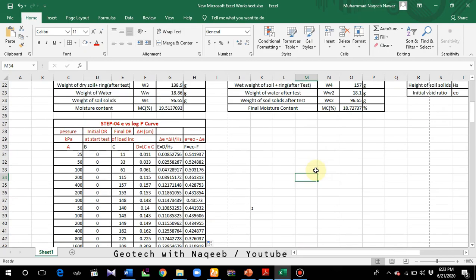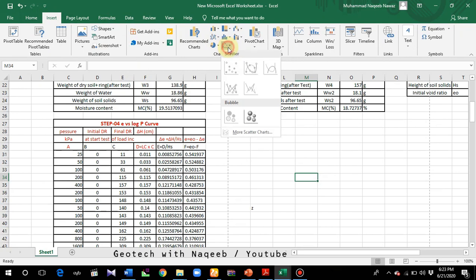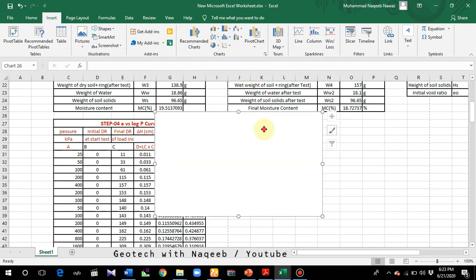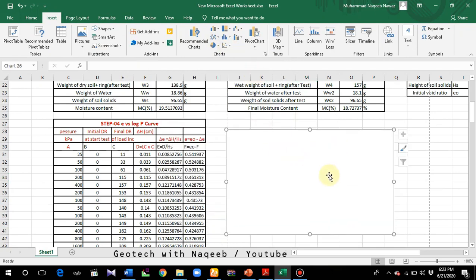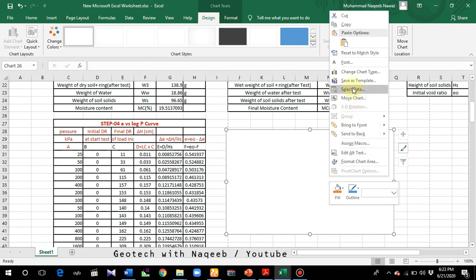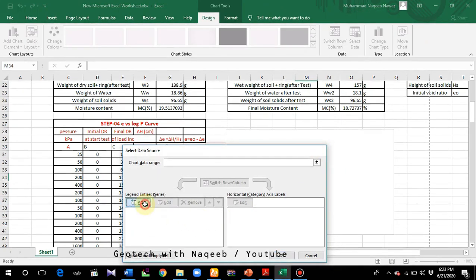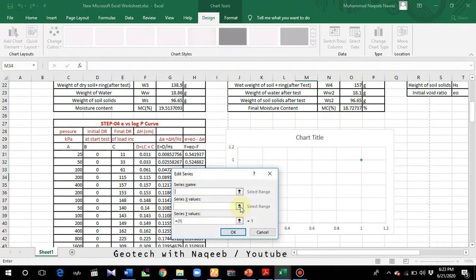So now the next step is to draw the graph E versus log P. So I will go to insert. Here I will select this column. Okay, now right click, go to select data, add.